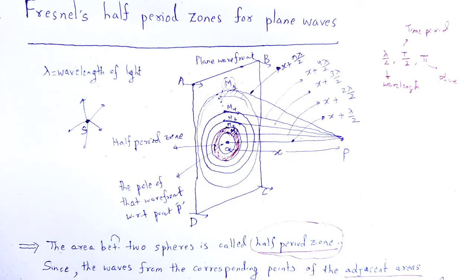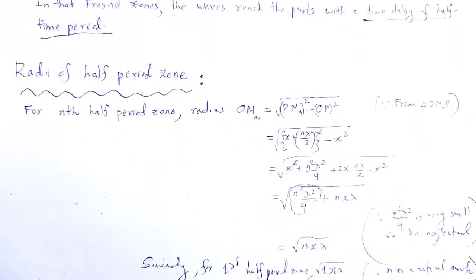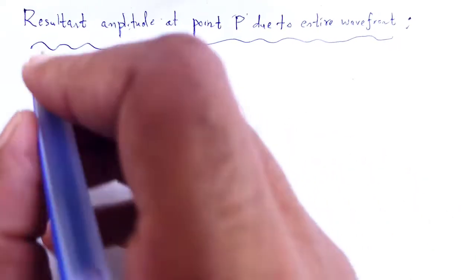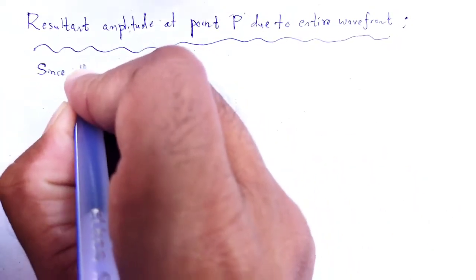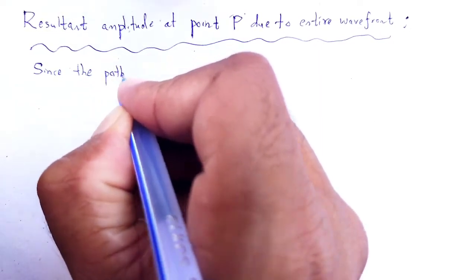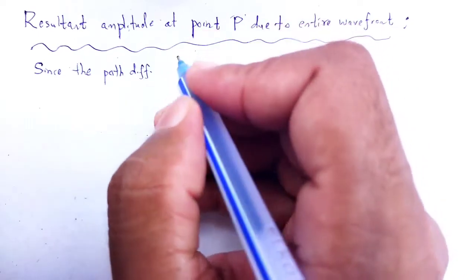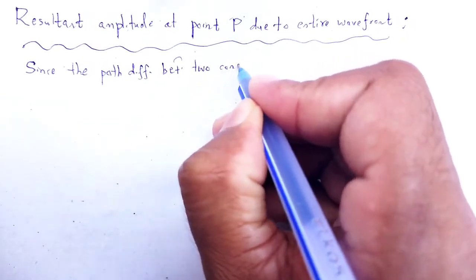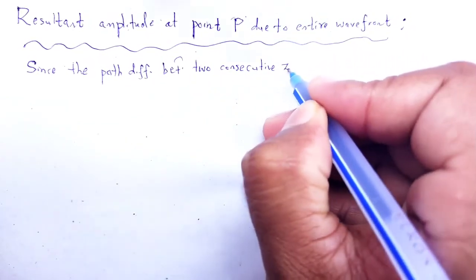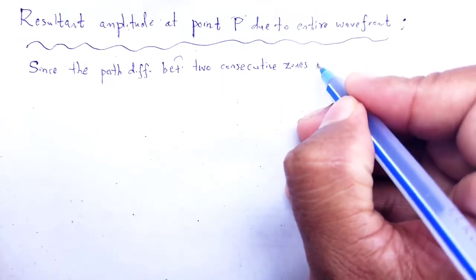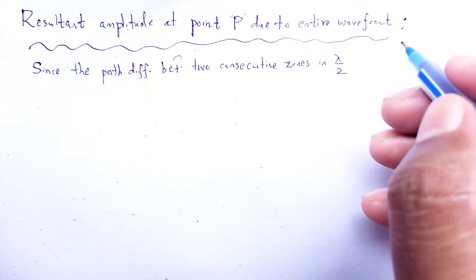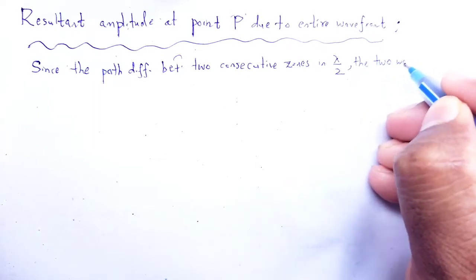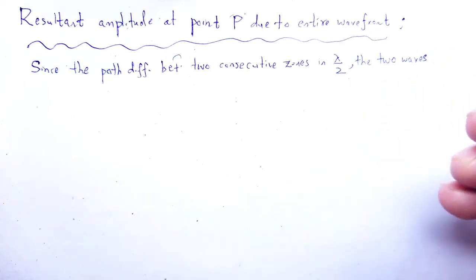For this calculation, as we know, the path difference between two consecutive zones is lambda by 2, and these two waves reach in opposite phases.